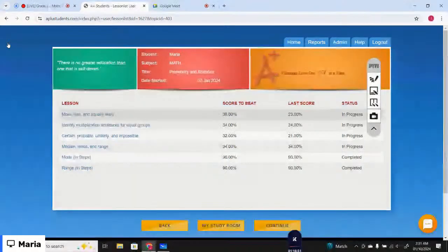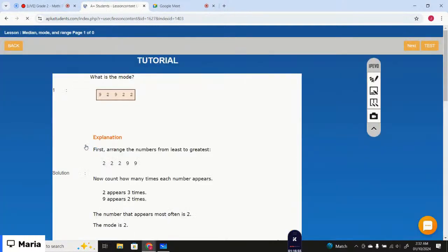And the next lesson is mean, median, mode, and range. What is the mode?